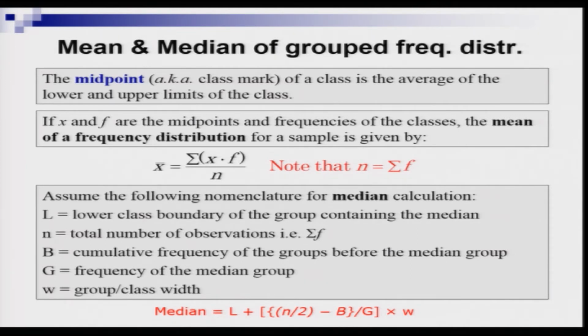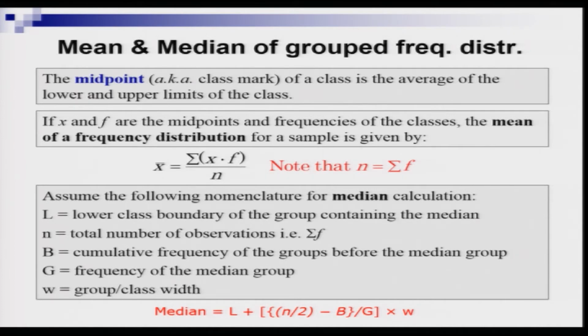For median we have to use a complicated formula, and that I have shown you here in red as the last equation in the slide, and I have given the nomenclature also for the symbols that I have used in the formula. I hope that this nomenclature and then the formula is quite self explanatory.